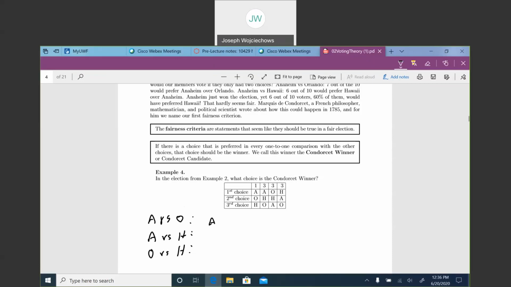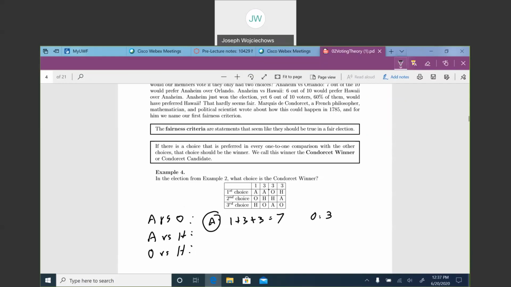Well, let's see. Anaheim's preferred here and here, so that's 1 plus 3. Orlando's preferred and Anaheim's preferred here, so that's 3, for 7. Whereas Orlando only has this 3 right here. So again, in head-to-head, Anaheim and Orlando, Anaheim's winning. So that looks good. That's what we had in our plurality vote.